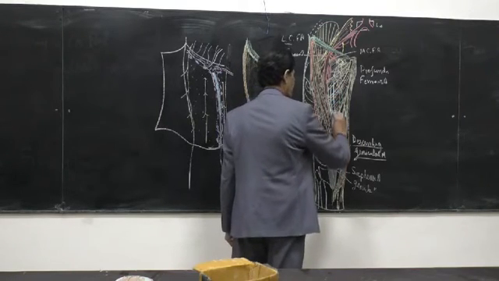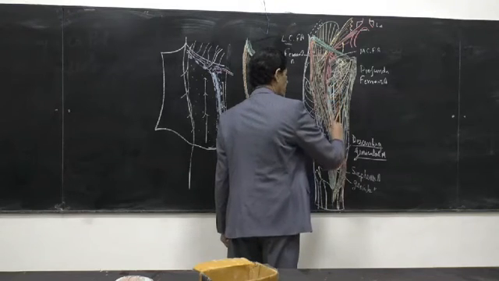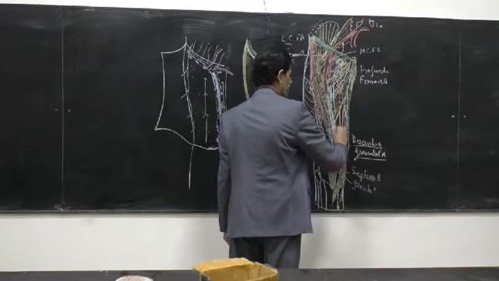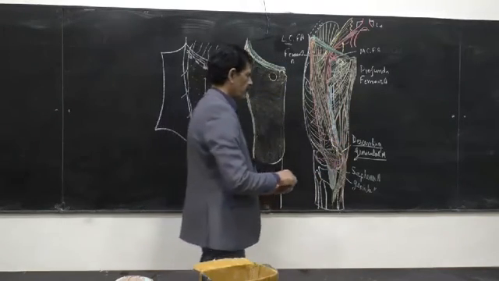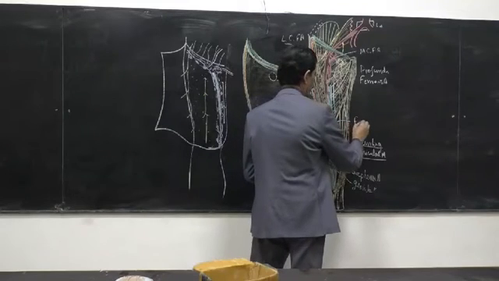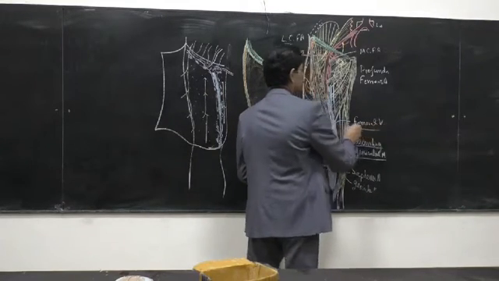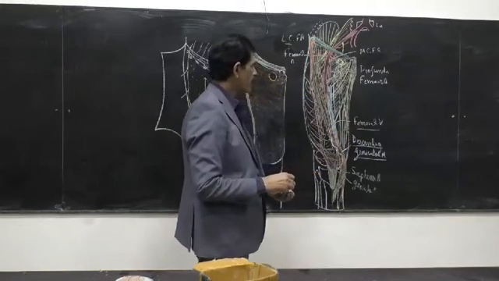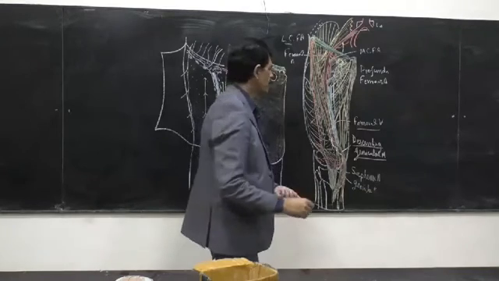Now when it comes to the hiatus magnus in front of the thigh, it is called the femoral vein. And the femoral vein runs upward, very near to the femoral artery, which is descending.